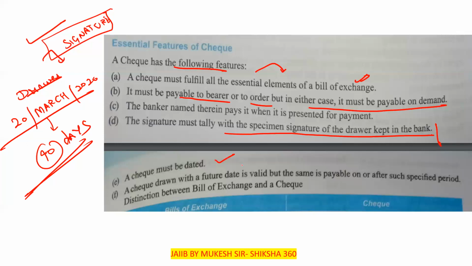A check drawn with a future date is valid, but it is payable on or after such specified period.